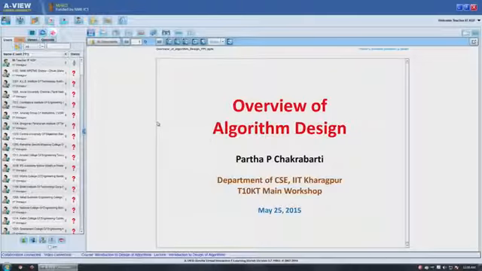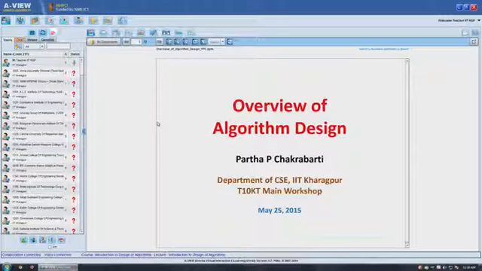So, this session will be on the overview of algorithm design, and I hope that you have seen the lecture corresponding to this which we showed earlier. As we have mentioned in the beginning of this program, this algorithm design course tries to approach the design of algorithms from the point of view of engaging the student into a process of discovery.